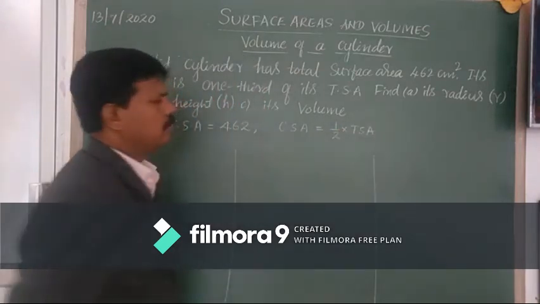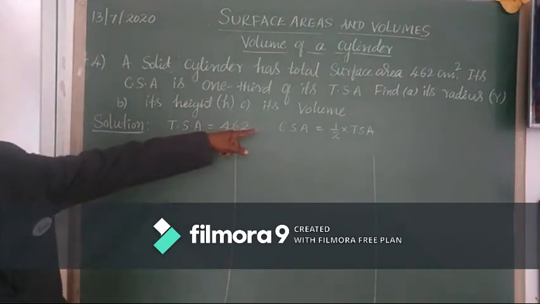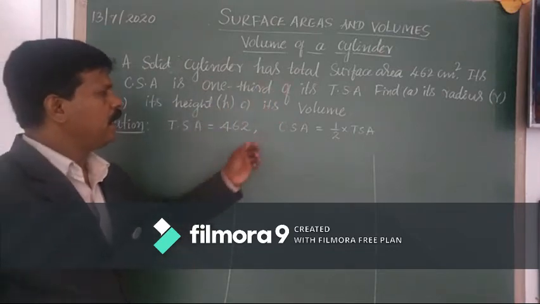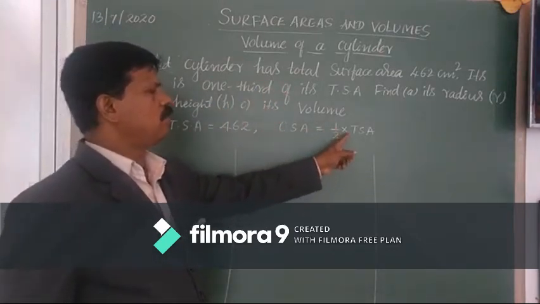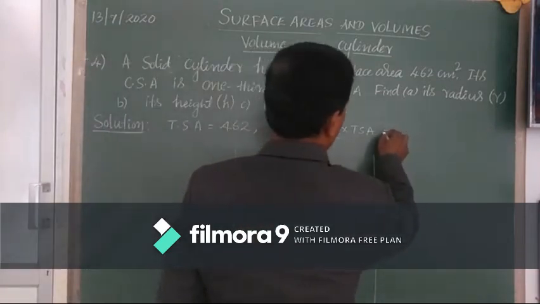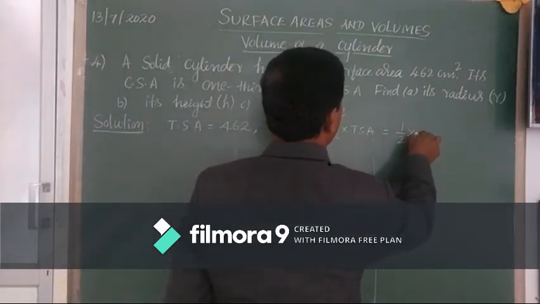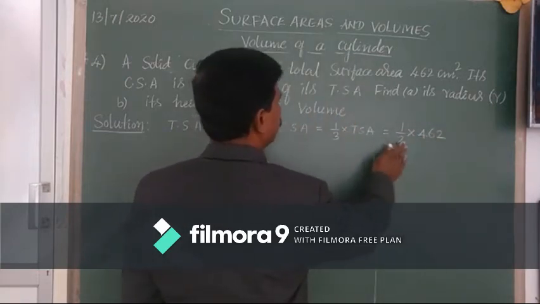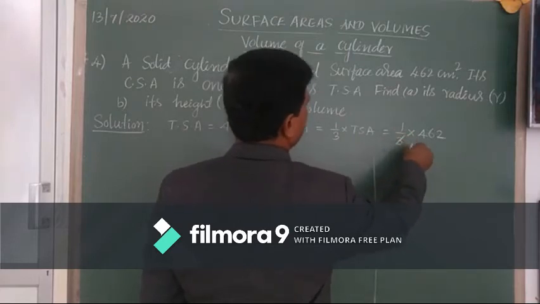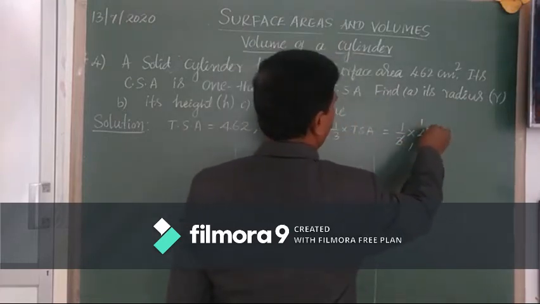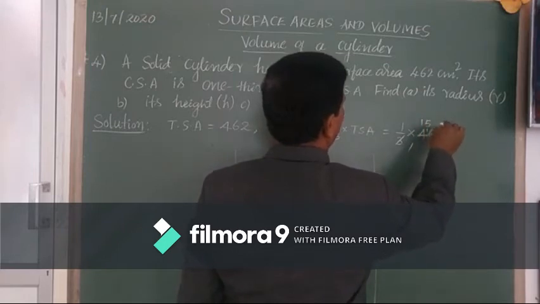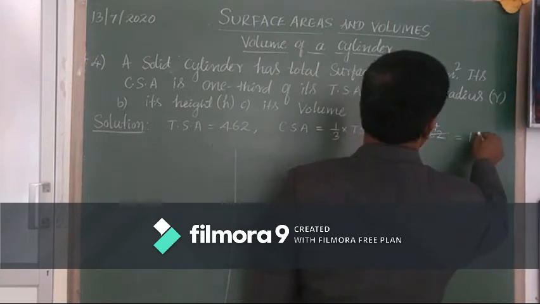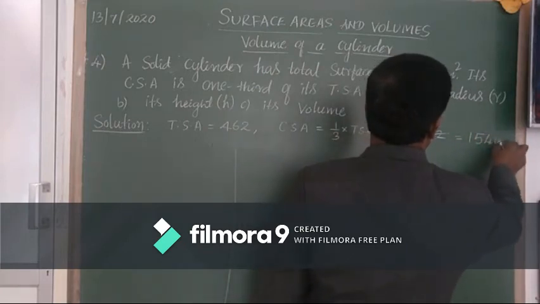This is the very important one. First, write down like this. So TSA is 462 square centimeter and its CSA is 1/3 of TSA. So what we can write is 1/3 into 462. 3 ones are 3. 3 5s are 15, 1. 3 4s are 12. Therefore, curved surface area is 154 square centimeter.